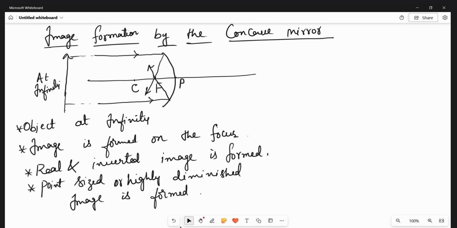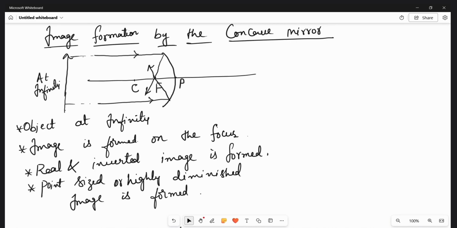That means you can get it on the screen. You can touch that. That is a real image. And a real image will always be inverted. In this case, it will be point size. The size of the image, it is a highly diminished image you will get.